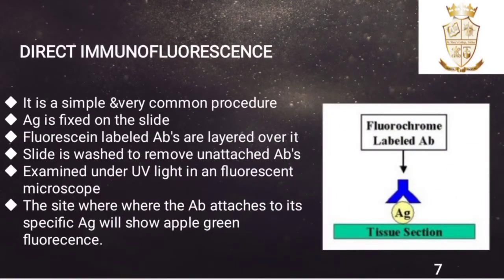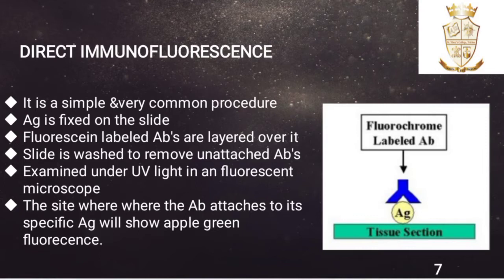Then we are discussing direct immunofluorescence. This is the picture of direct immunofluorescence. It is a simple and very common procedure. Antigen is fixed on the slide. Fluorescein labeled antibodies are layered over it.